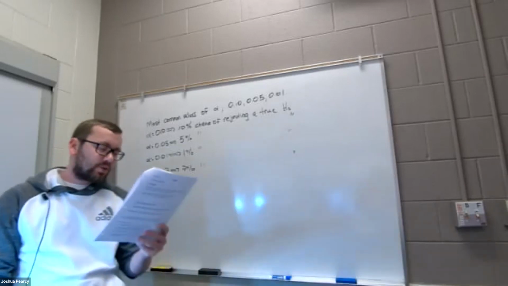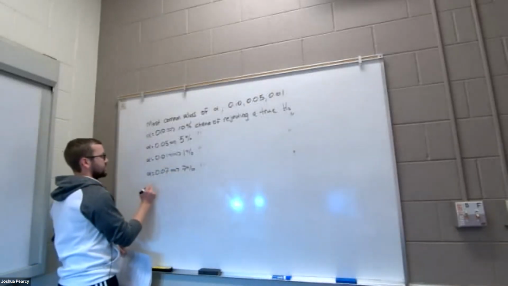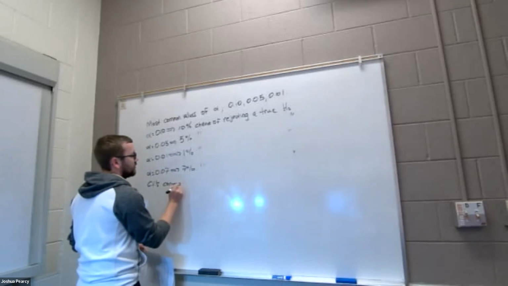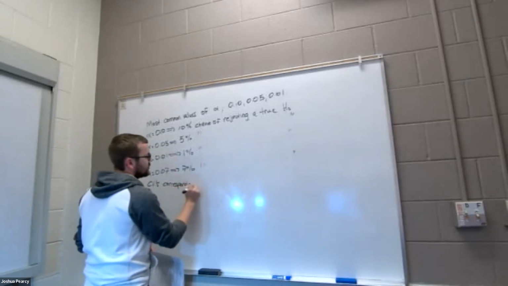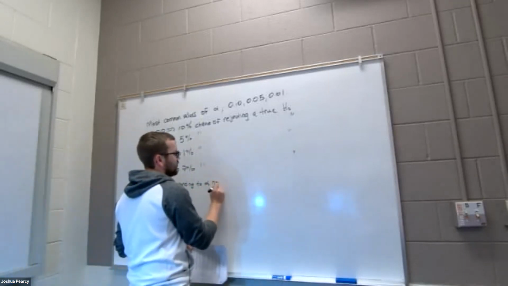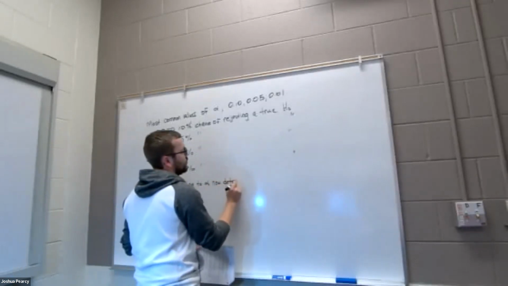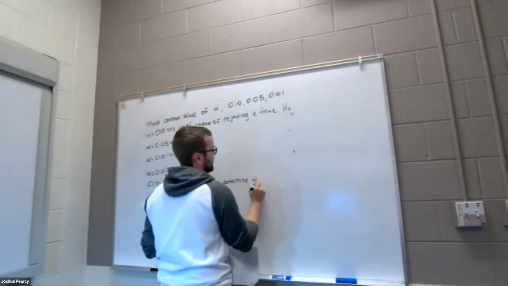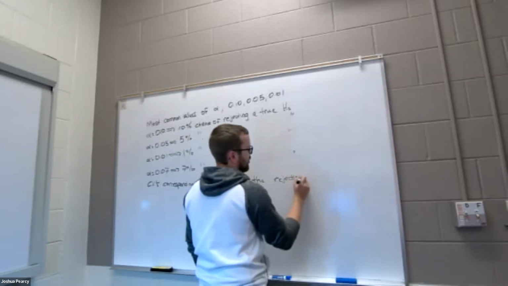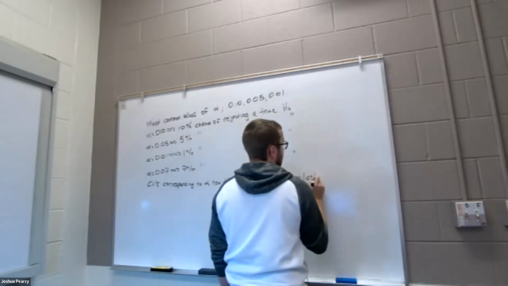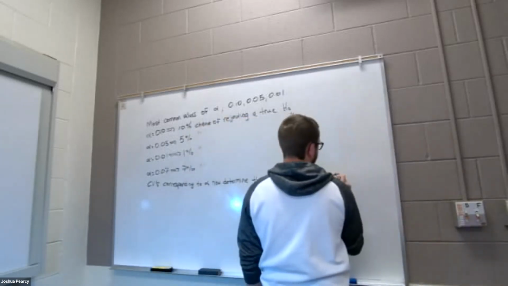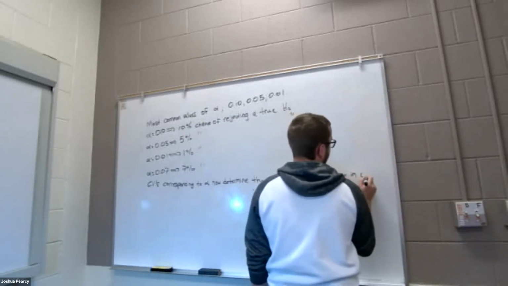The critical values corresponding to alpha now determine what we call the rejection region, and another word for that is critical region, in our hypothesis test.